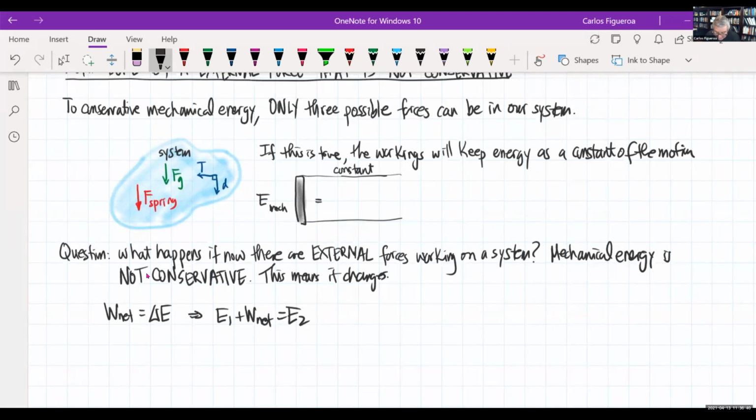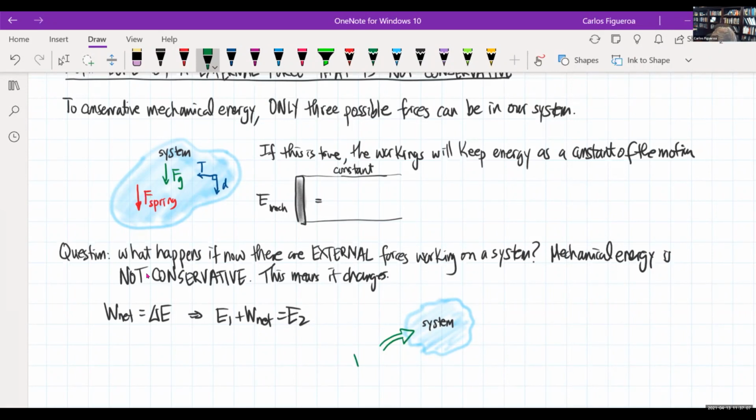What I'm really saying is that if I have a system, regardless of my system, if I have external work that's being done, there are two situations that could happen. I could have work flowing into my system. Look at the net work.